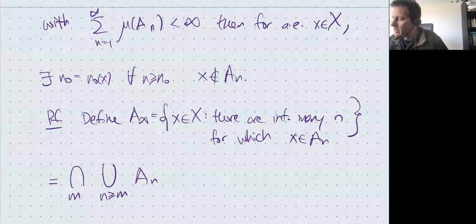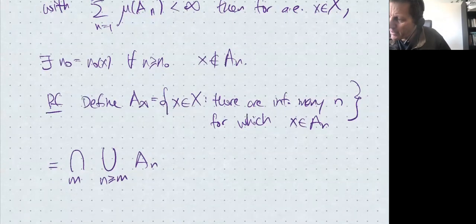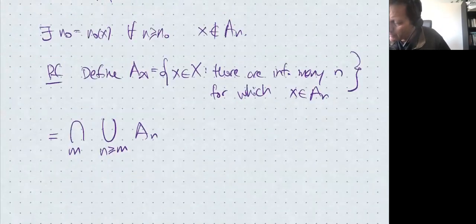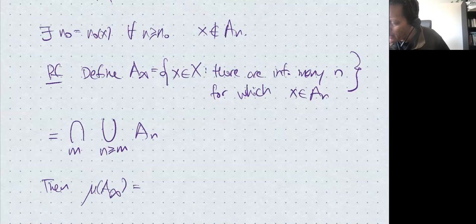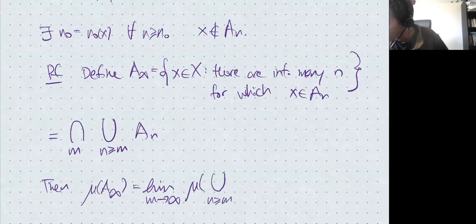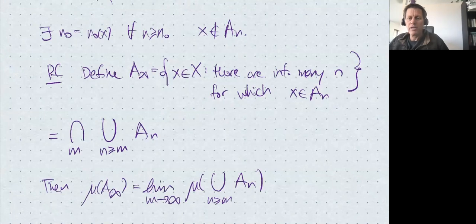So it's exactly this set A infinity, and the measure of A infinity is the limit as n goes to infinity of the measure of this union, because when you have a decrease, these sets here depend on m, and we're taking their intersection.